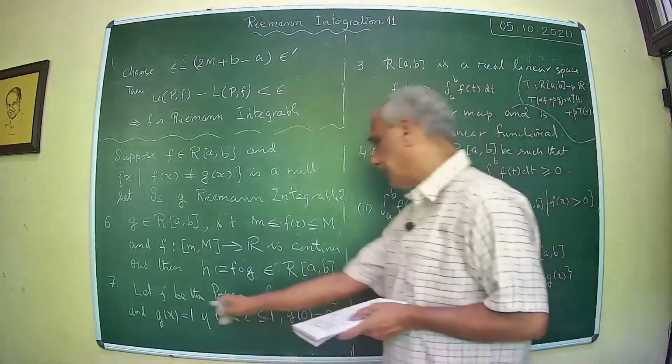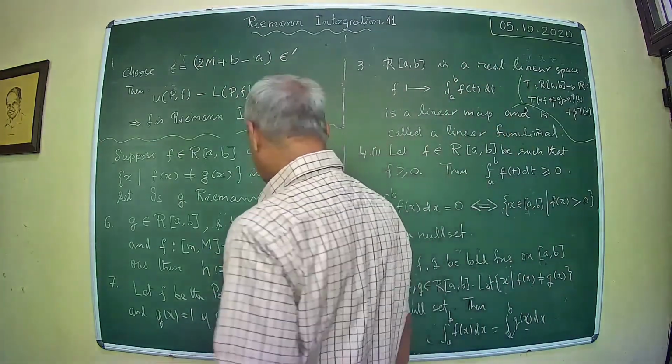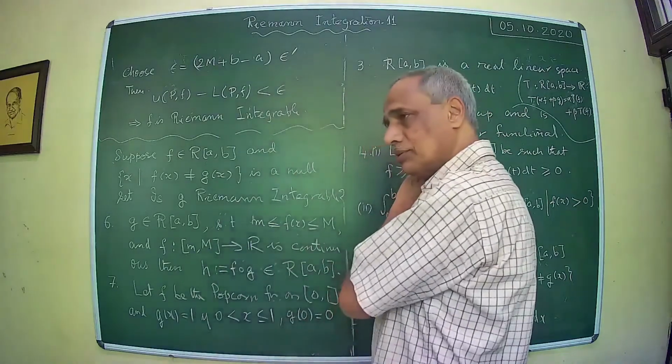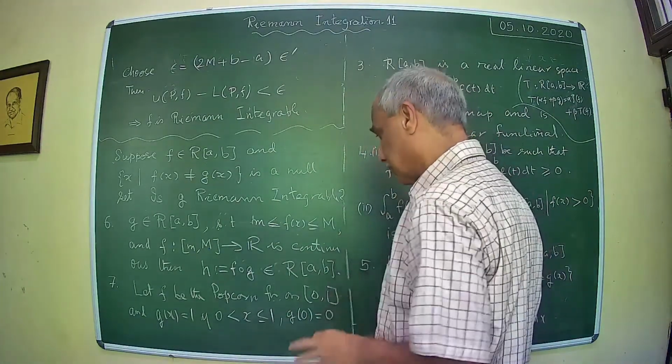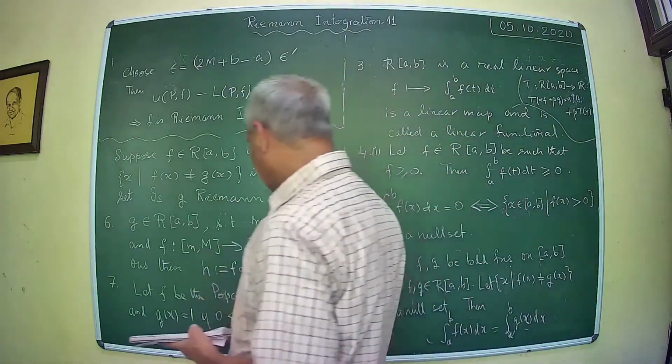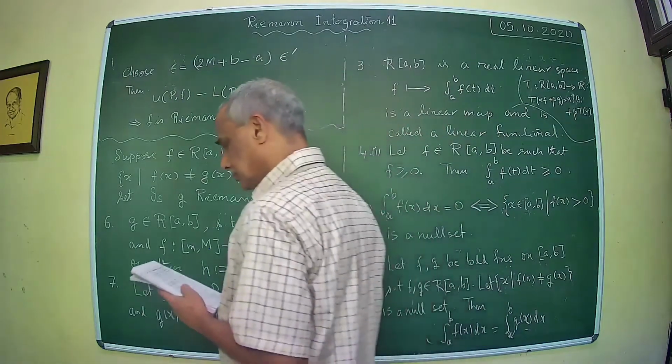So that's a fairly straightforward function, which is 1 everywhere except at 0. So just only one discontinuity, and therefore G is a Riemann integrable function. F is also a Riemann integrable function because it is given to be the popcorn function.